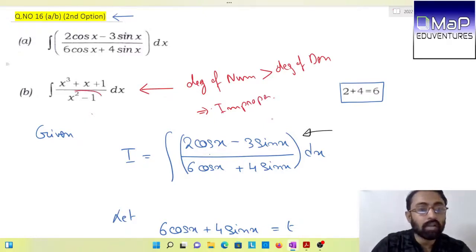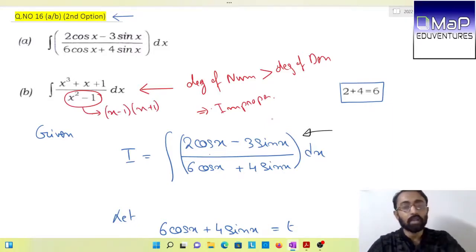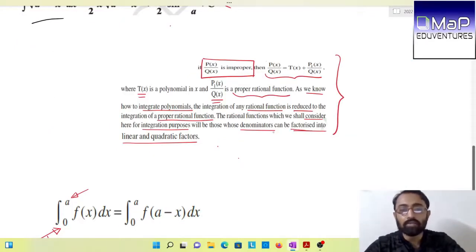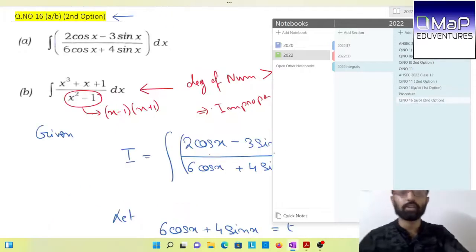Next, the denominator can be factorized into two factors, x minus 1 and x plus 1. So what this says is that if we can factorize as linear or quadratic factors, then only we can consider it for integration purpose using partial fraction.